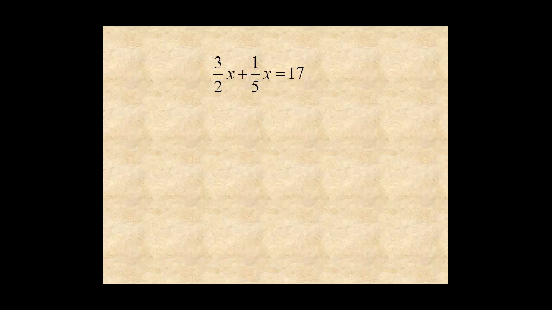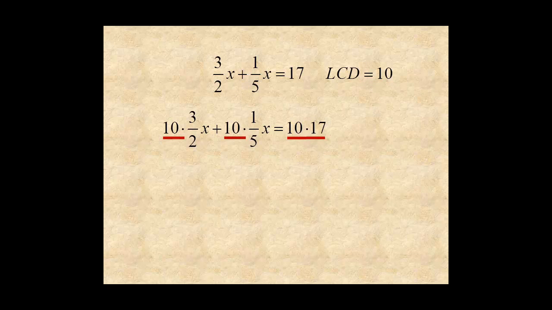Since the LCD for the denominators of the equation is 10, multiply both sides by 10. On the left side of the equation in the first term, 10 divided by 2 is 5, which leaves 5 times 3x. In the second term, 10 divided by 5 is 2, which leaves 2 times x. And on the right side of the equation, 10 times 17 equals 170.